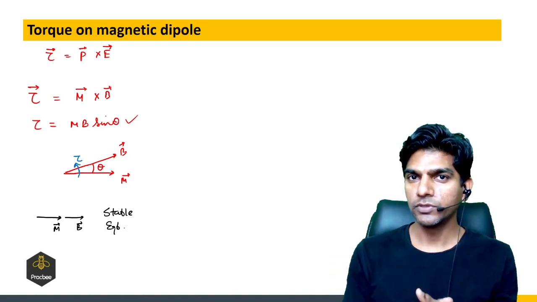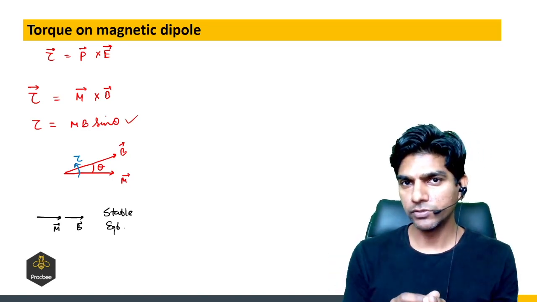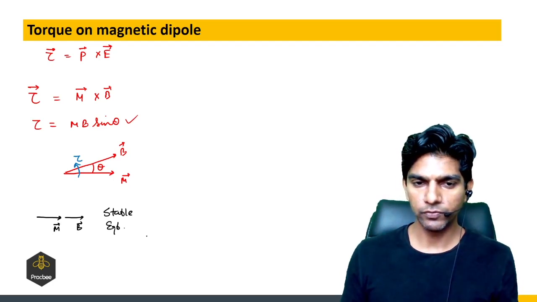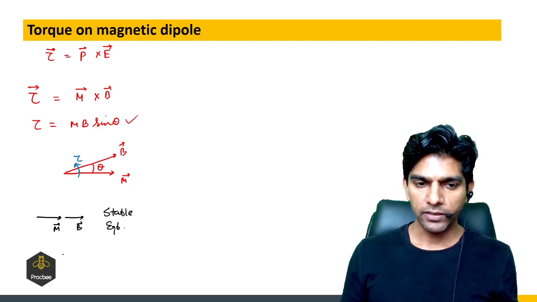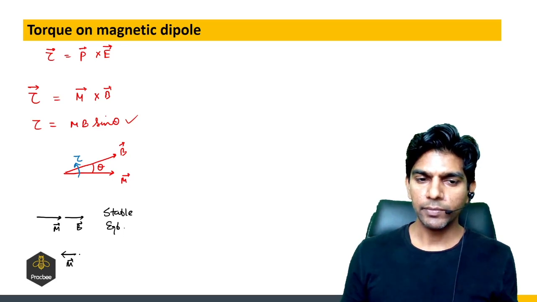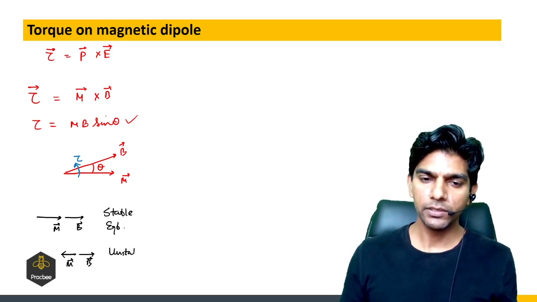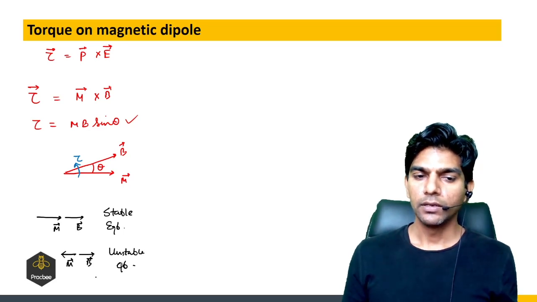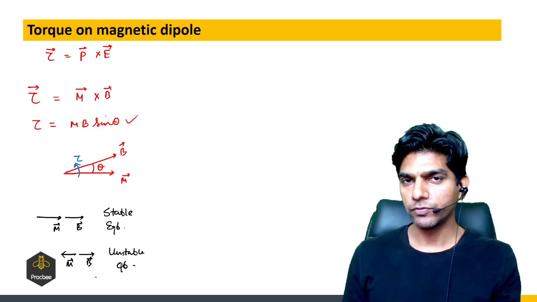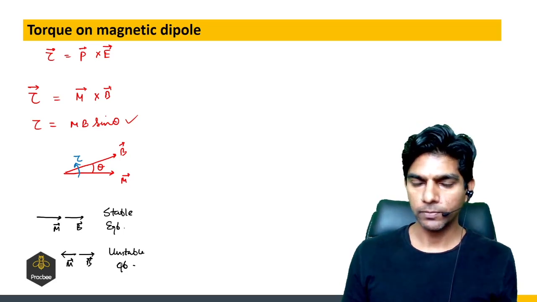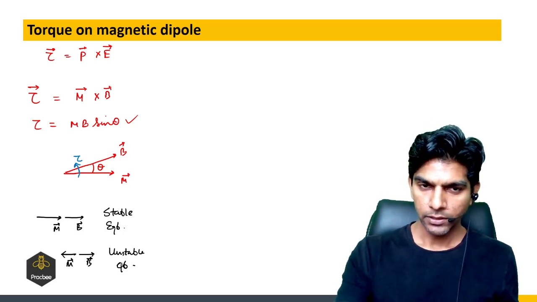The net force on the magnetic dipole will be 0 and the torque is also 0. And if the magnetic dipole moment and magnetic field are anti-parallel to each other, we'll call this unstable equilibrium. Again, in this configuration the net force is 0 and the net torque is 0. I hope it is clear.